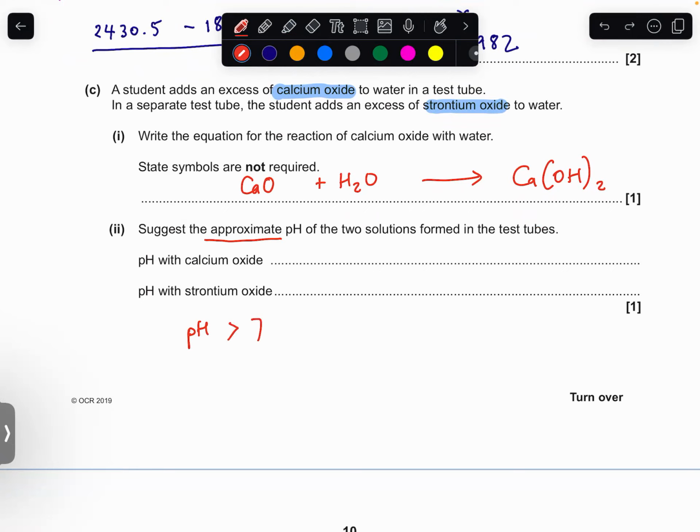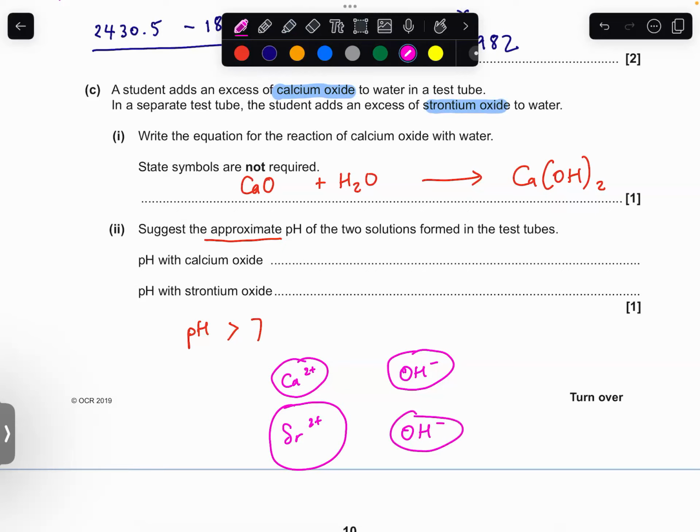However, you see, calcium ions are smaller, and those hydroxide ions will attract far more, with greater attraction, than strontium will. The reason for that is strontium is a lot bigger. It's got a greater ionic radius. So the attraction to the hydroxide ions will be less.